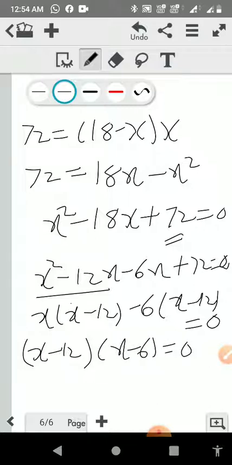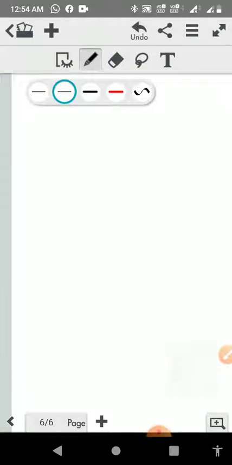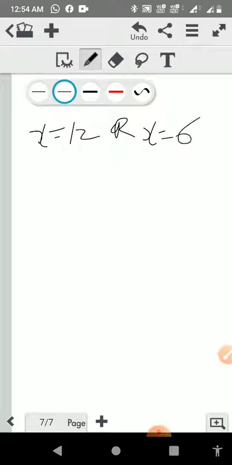As we know, if the product of two numbers is 0, then either one number is 0 or the other number is 0. So I can write x minus 12 equal to 0 or x minus 6 equal to 0, isn't it? Therefore x equals 12 or x equals 6.